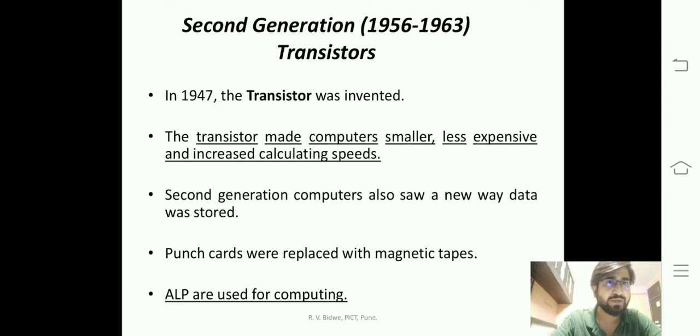Transistors made computers smaller and less expensive, and of course they provided good calculating speed. When I talk about calculation, it may be any arithmetic or logical calculation or any operation performed on the data.